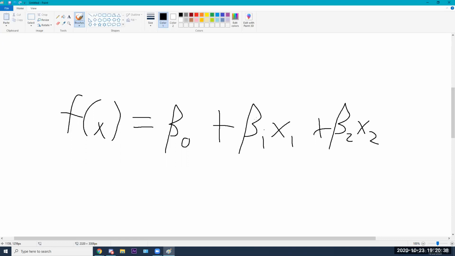So if you had two input features, beta 1 and beta 2, one for each input feature, and then beta naught for the intercept. This is the very generalized form of the linear regression model, because here you can see that the linear regression model is literally just y. You plug in y there, and then you have this model.